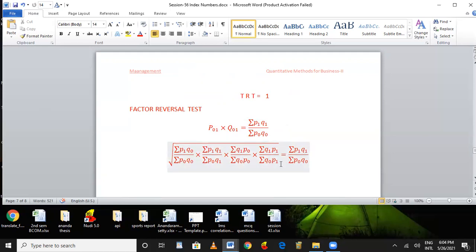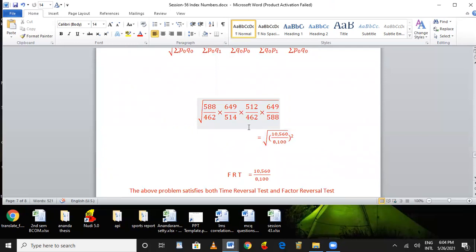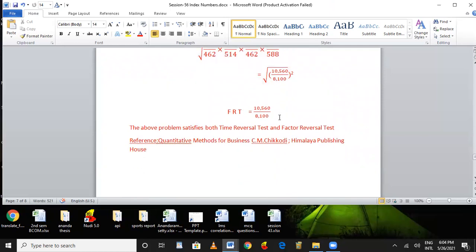If we do it that way, we have to get sigma P1 Q1 over sigma P0 Q0. Let us see whether we get it or not. Here 588, then 649, 514, 649, 462, 514, 462, 588.